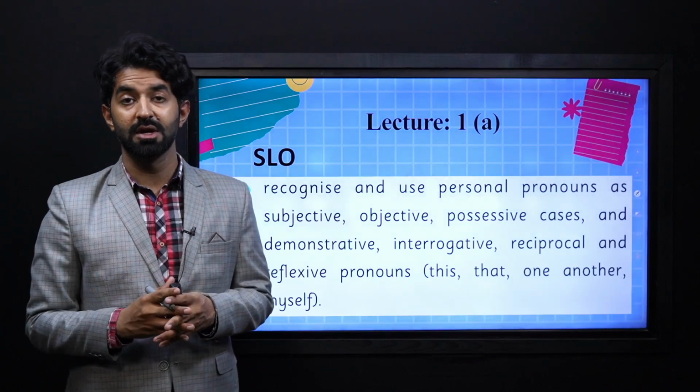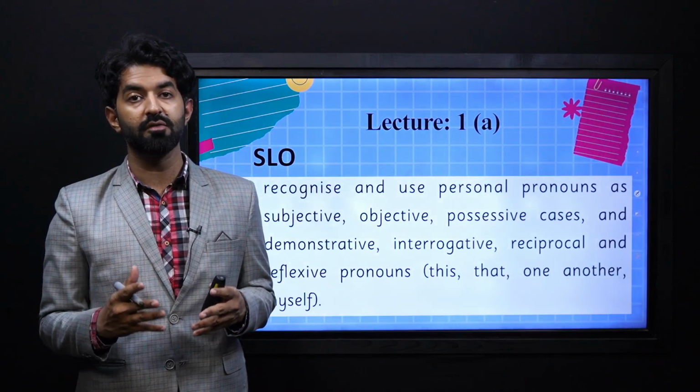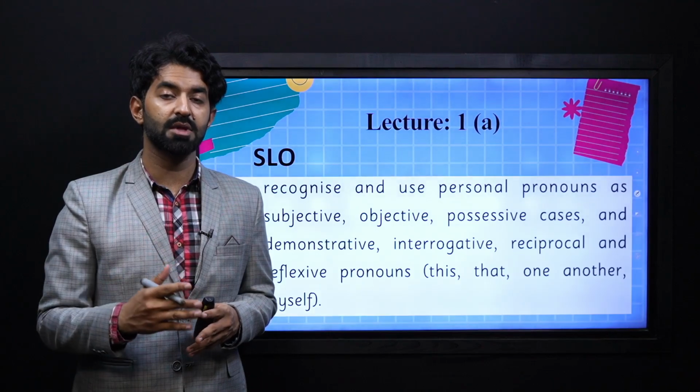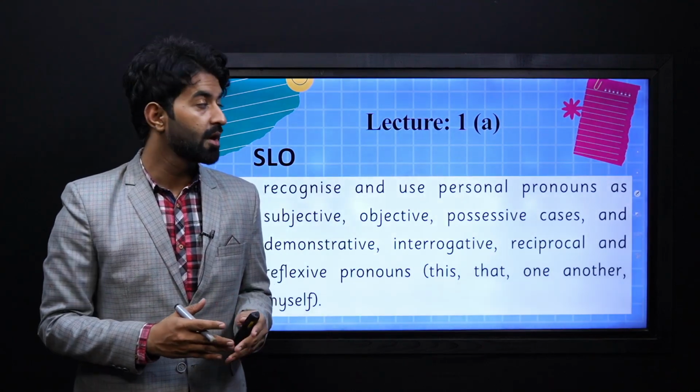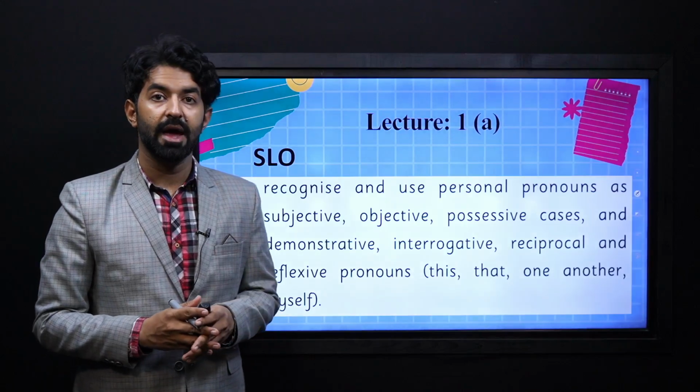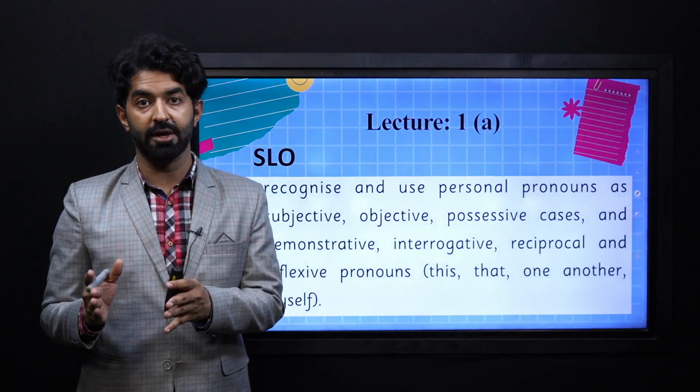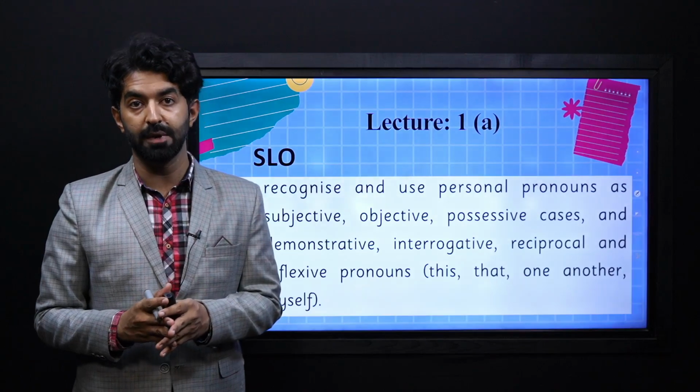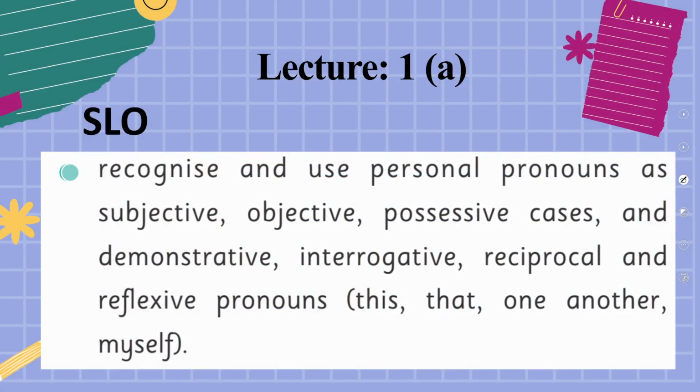Now let's see how many SLOs we will be covering in this unit. Let's break them down in different video lectures. The first one is divided into 2 lectures, 1A and 1B. Let's read our students' learning outcome for lecture number 1A.